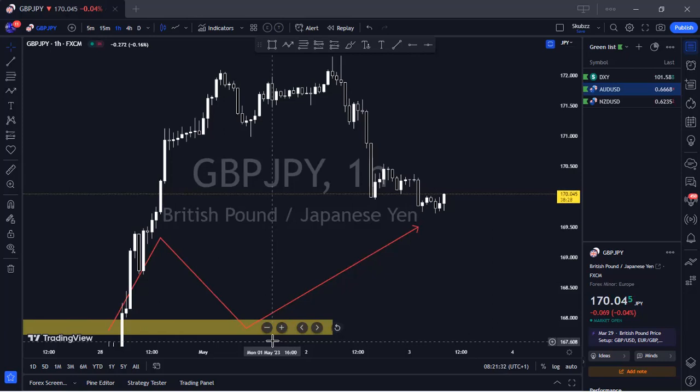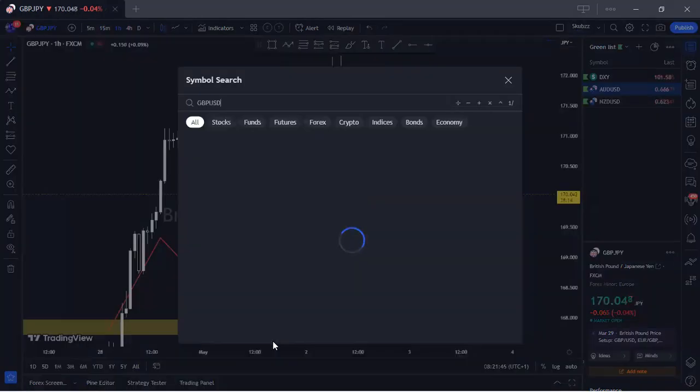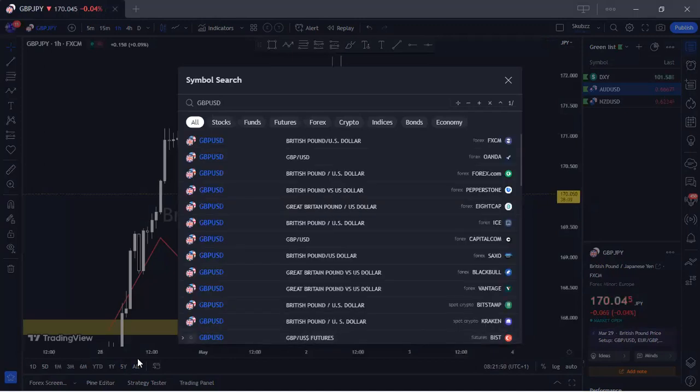Any other pair you guys want to take a look at? What about GBPUSD? We already looked at GBPUSD. We have a buy setup on GBPUSD that we can look out for. It's to wait for price to get into the zone. That's the only thing.